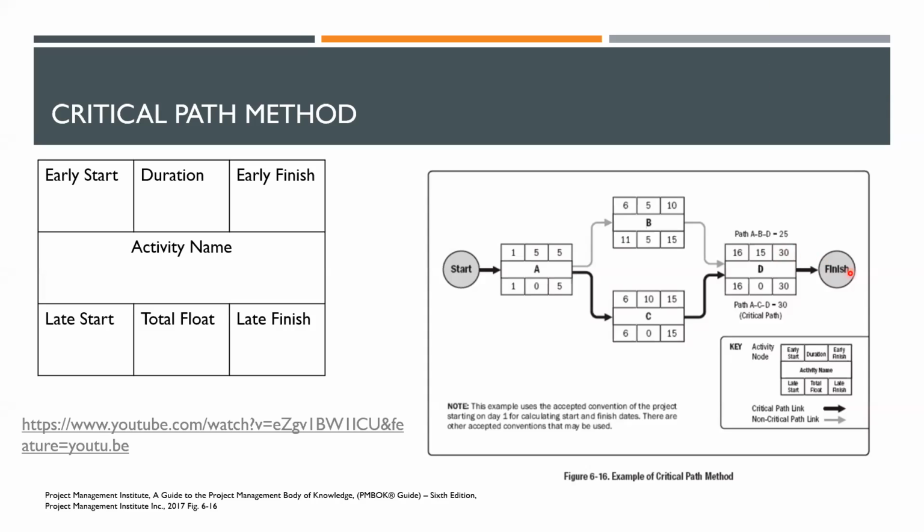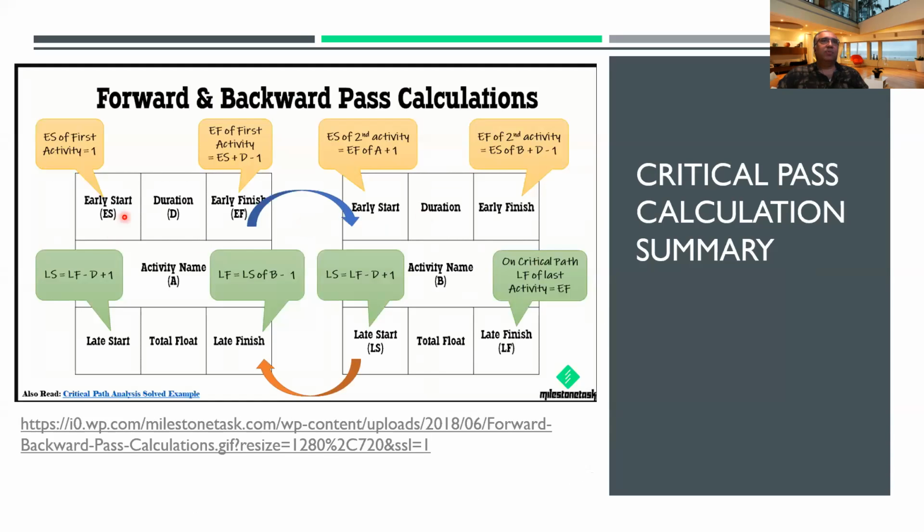All right, good. So what we just did is called a forward pass, okay? I put the forward pass calculations here too, so it's easy for you to understand. You see, early start is usually on the first day. D is the duration, right? And then the early finish. So you have to think early start plus the duration minus 1, right?